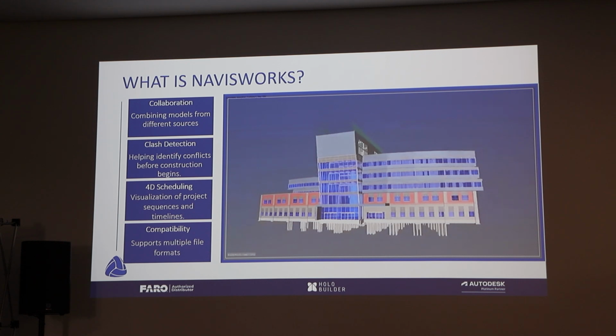With support from multiple formats, Navisworks ensures compatibility across disciplines, streamlining project coordination. Teams can visualize the project sequence, track progress, and make sure everything is scheduled, reducing risk, time and cost. In short, it's a powerful way to keep everyone aligned and ensure the project stays on track.